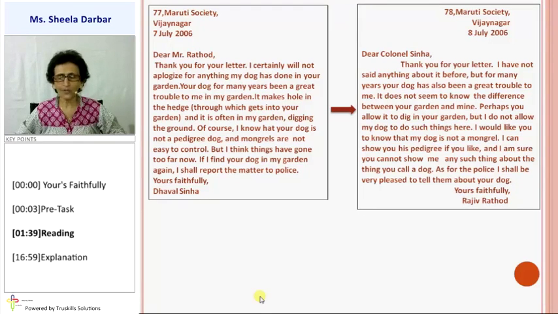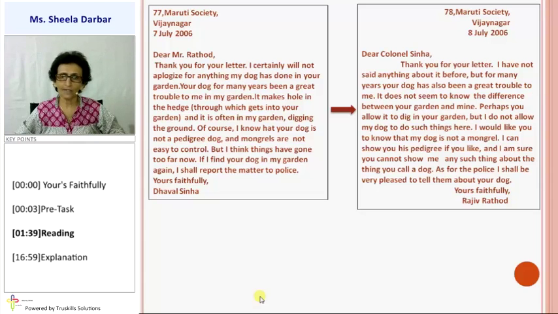Now all the dog owners, they generally keep the certificate showing that they have been injected. So if they bite, there is no fear. So here he is saying, I'll show you the certificate of my dog that he is a pedigree dog.